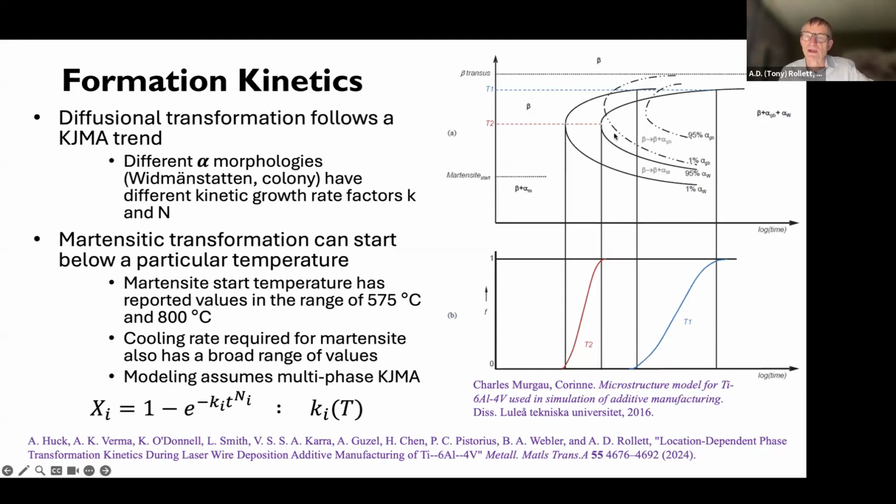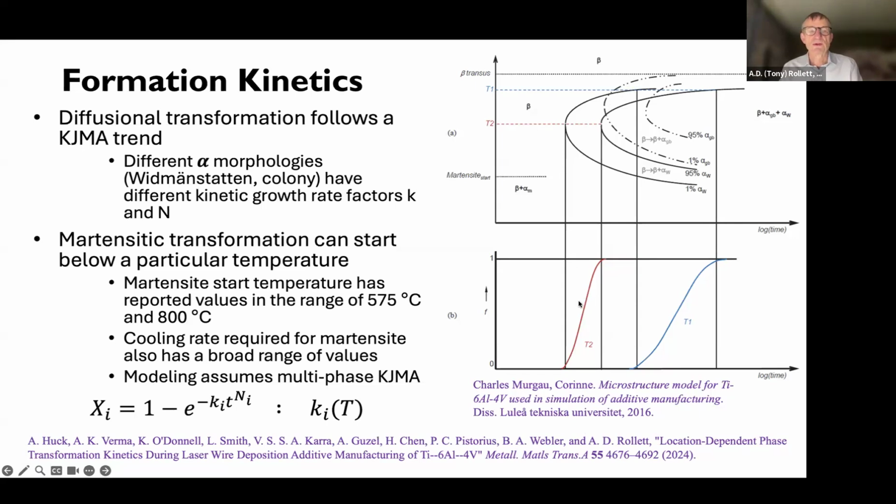One of the key ideas here is that the diffusional transformation, which is pretty classical in terms of its kinetics, can either start at the grain boundaries or it can happen in the bulk. And the two sets of curves are shifted to higher temperatures because the nucleation barrier is so much lower.